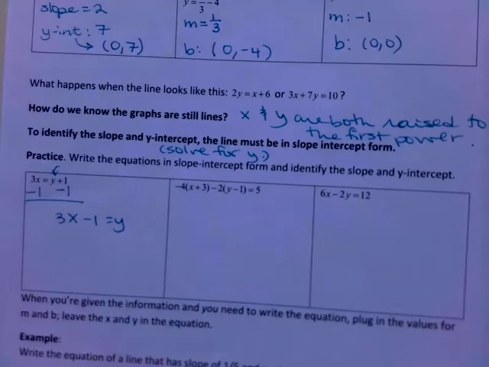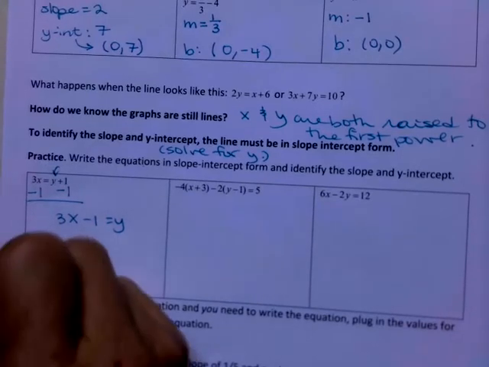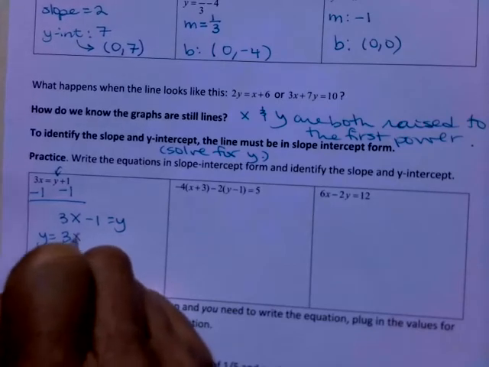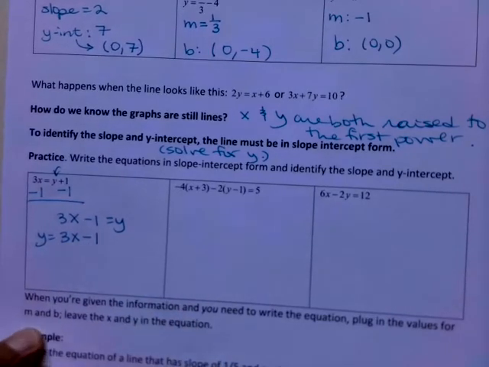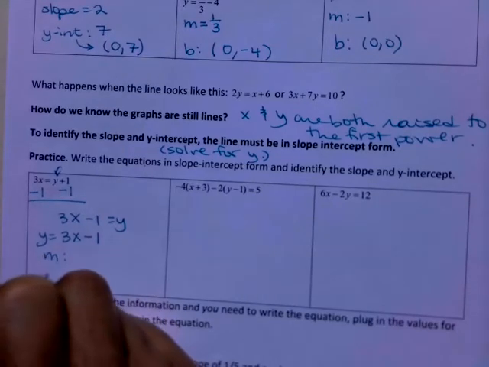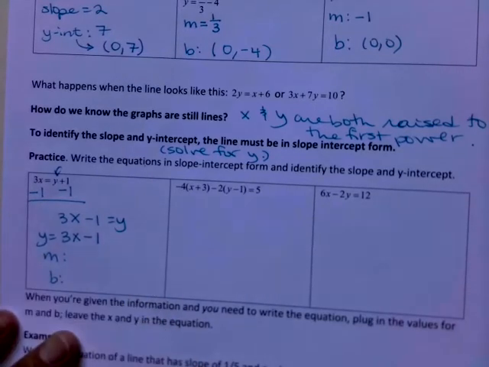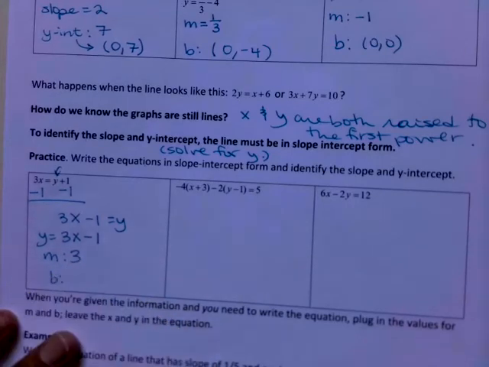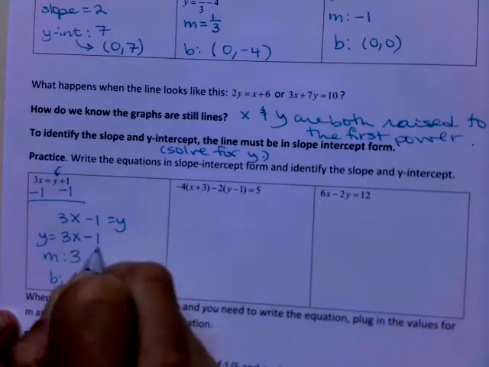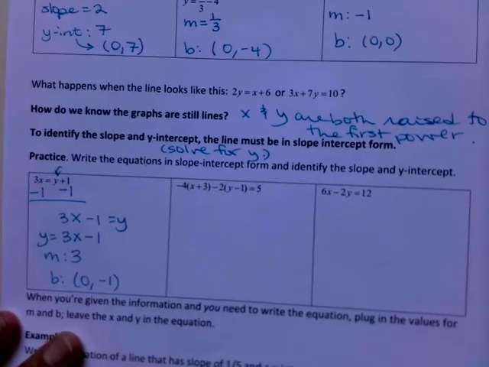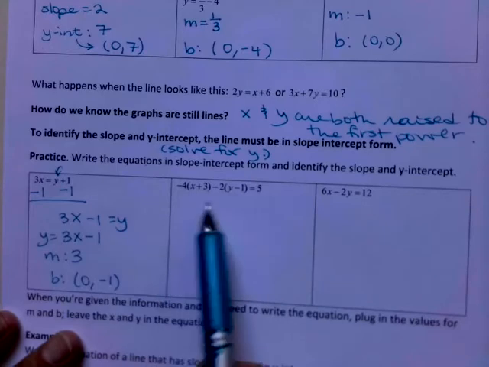So with an equation, you can swap them if you want to, so that I could also write that as y equals 3x minus 1. Okay, same thing. So now once it looks like this, we can say that m is and b is. m is the x coefficient, so 3, and b is (0, -1). Good.